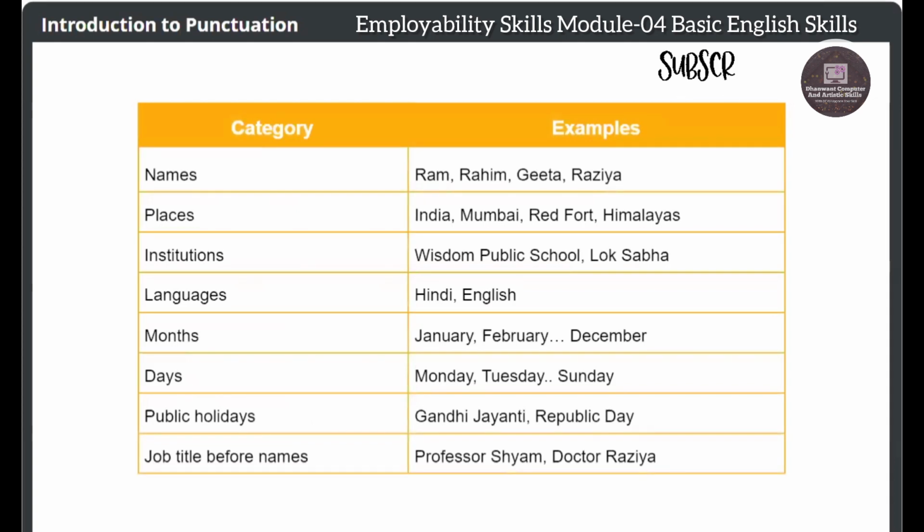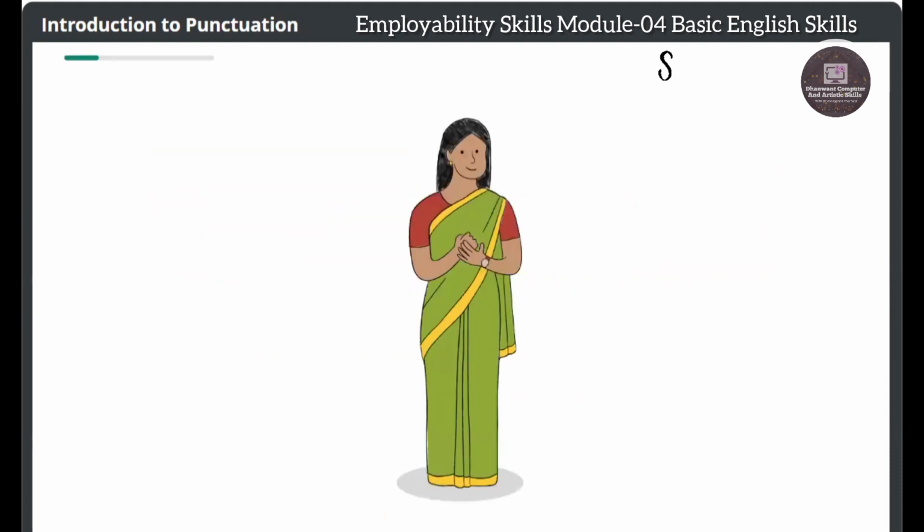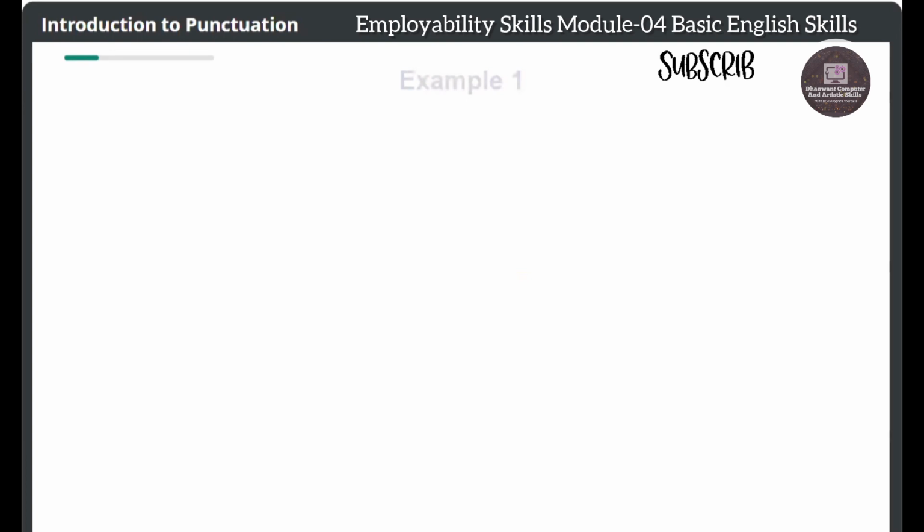Following are some examples of words beginning with a capital letter. Please take a minute to go through these as they will help you in your work. You can also save these examples by clicking on the download button below. Now, let's look at two examples.